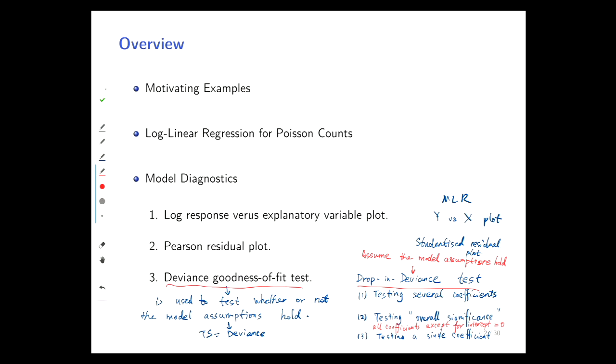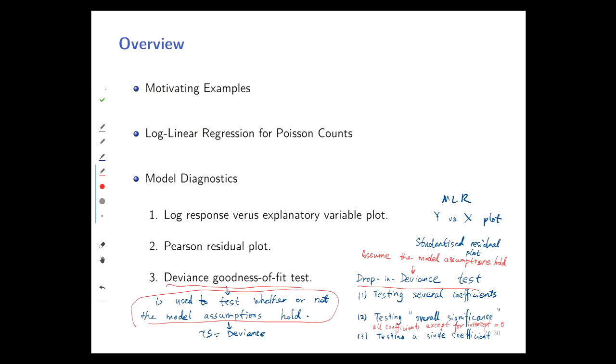The deviance goodness of fit test is actually used to test the model assumptions, but the dropping deviance test is used only when the assumptions hold. So if you have the deviance goodness of fit test and you reject the null hypothesis, that means the assumptions do not hold. In that case, you can never use the dropping deviance test.